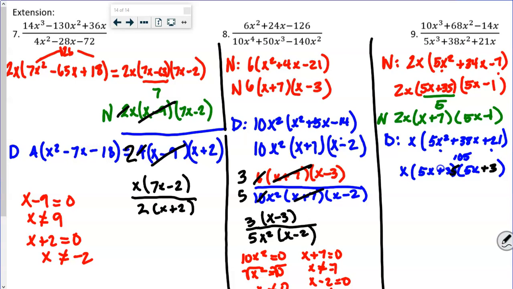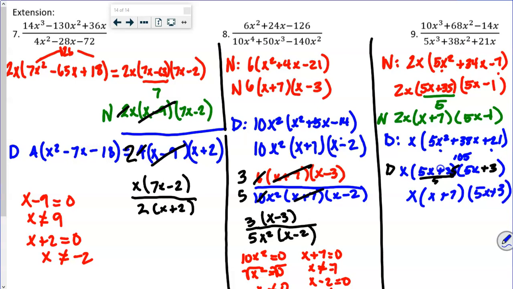So now that was our denominator. We're going to put these over each other. We get a 2x and an x plus 7. Oh, this is divisible by 5, so let me go back up here and fix this so we can make this simpler. So our denominator is x, and x plus 7, and then 5x plus 3.